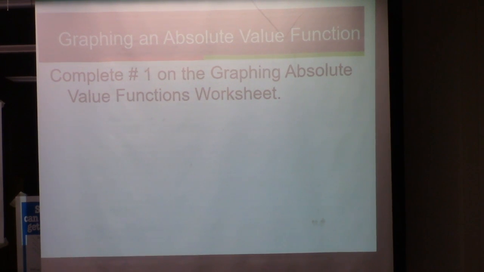So number one on the sheet, we're taking the absolute value. So this is y equals absolute value of x. The absolute value of -3: absolute value makes everything positive. So whatever's in there, we're going to take the absolute value of -3, so it's going to be positive. Put the negative 3 in here.